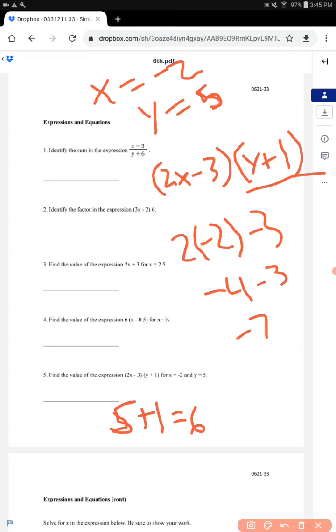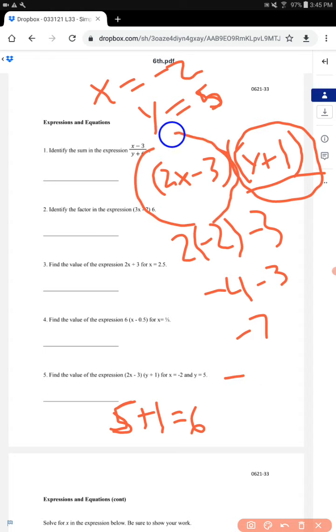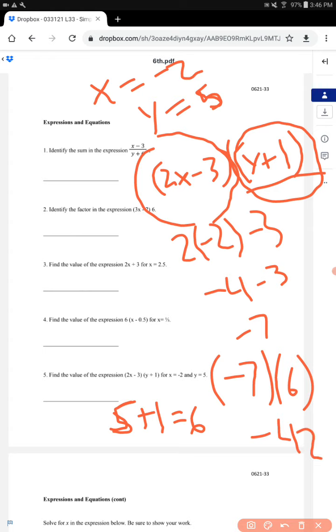And so we're doing negatives. So this is equal to 6, and this is equal to -7. So -7 times 6, and that would equal -42. So the answer in number 5 would be -42.